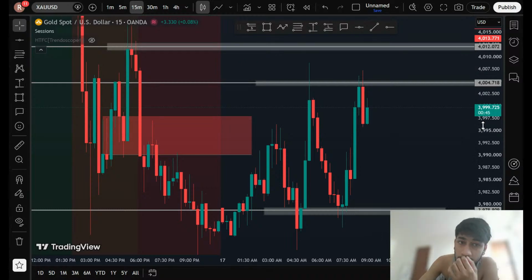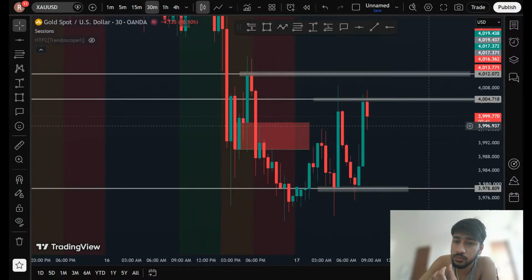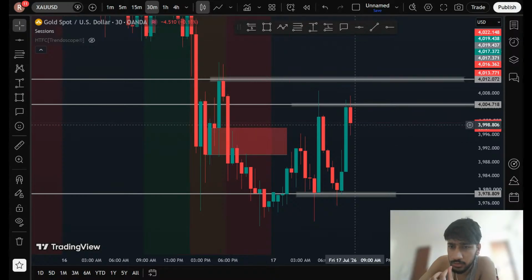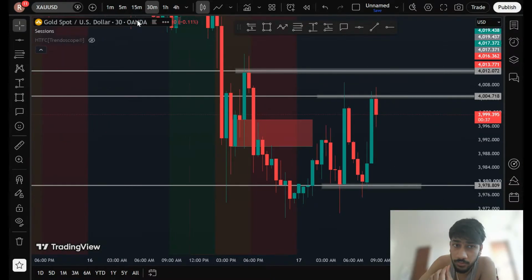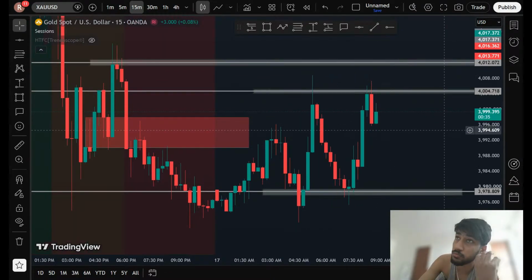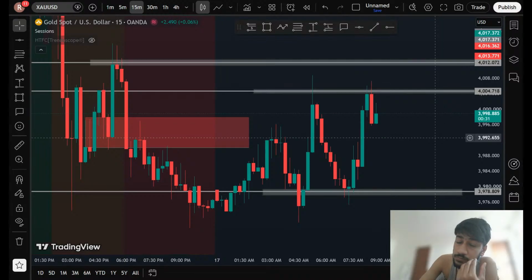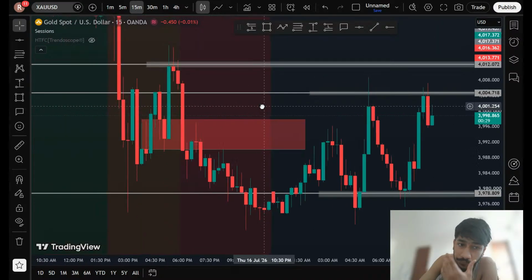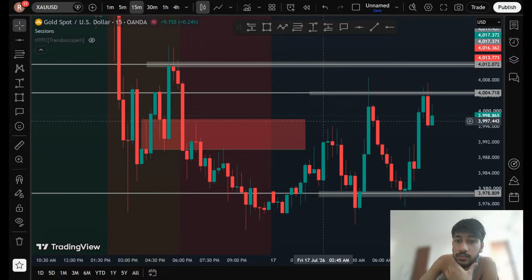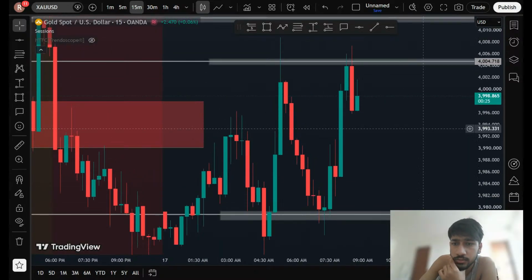If on M30 you see this potential weak fill, you gotta drop down to the 15-minute time frame to see if there's a weak fill or a market structure or something. Just like that, and it's actually easy.